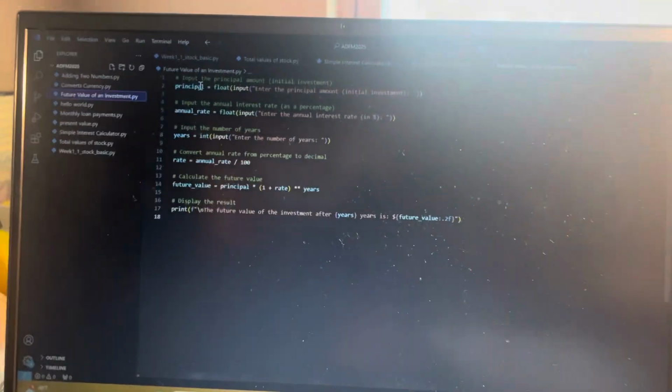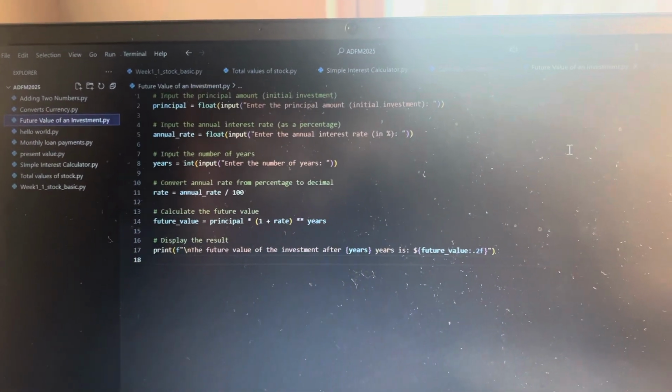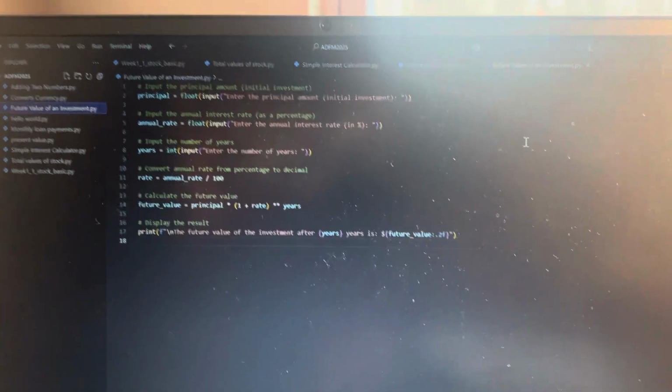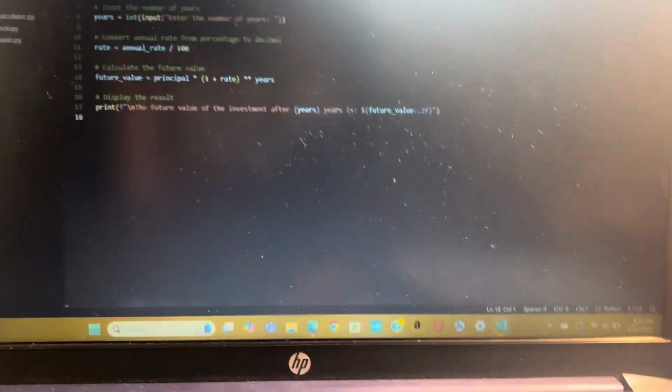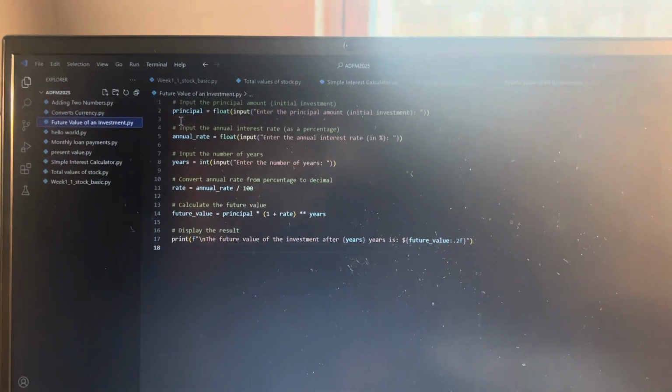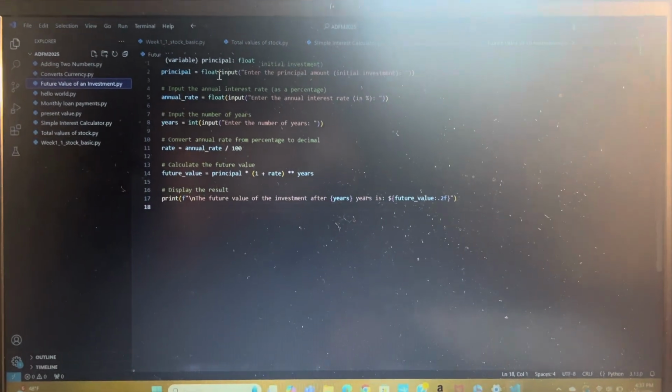Okay, so lines 1, 3, 5, 7, 9, and 11 are comment lines. Lines 2, 4, and 6, again, what's before that equal sign is what the value will be stored under.